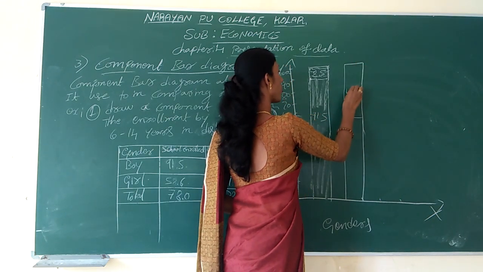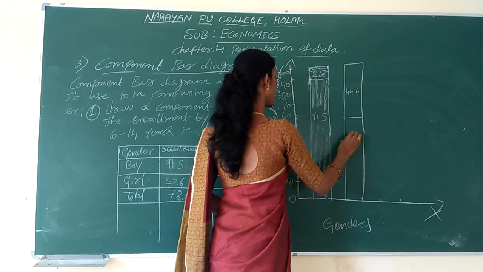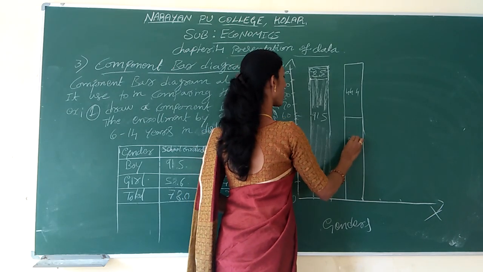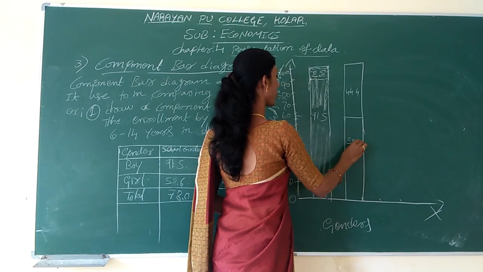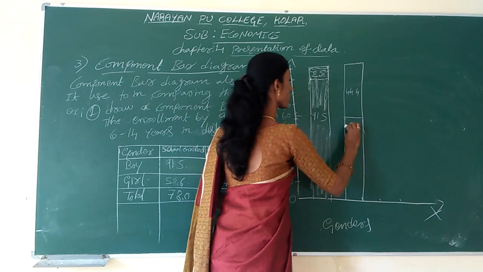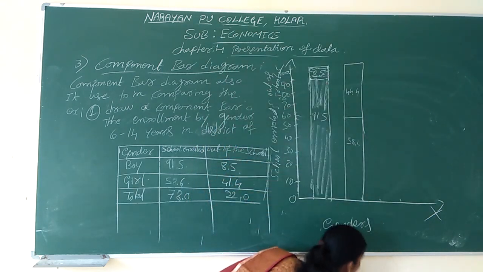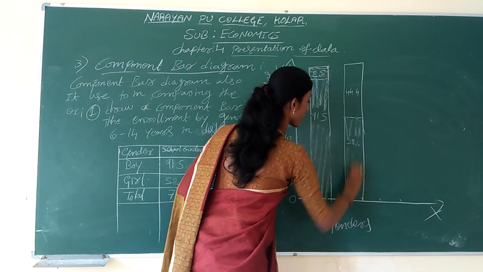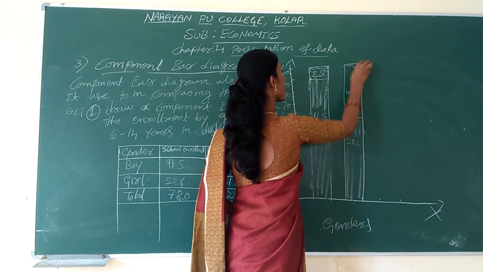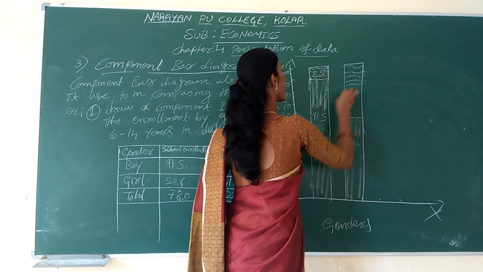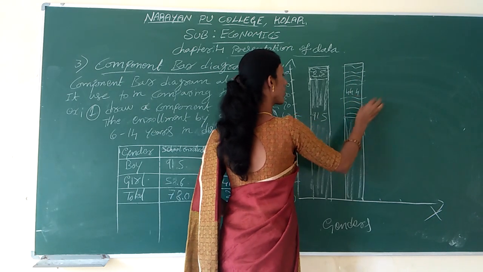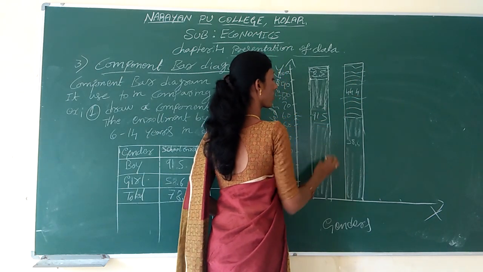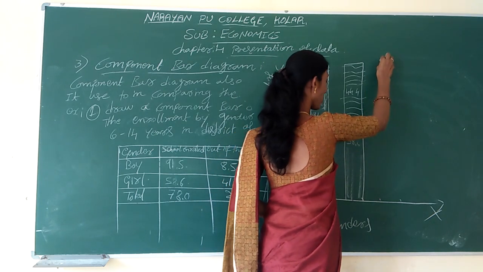This is 41.4, and this is 58.6. Next, the total bar.